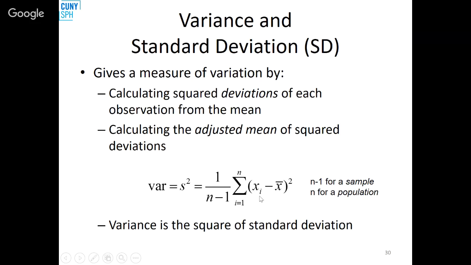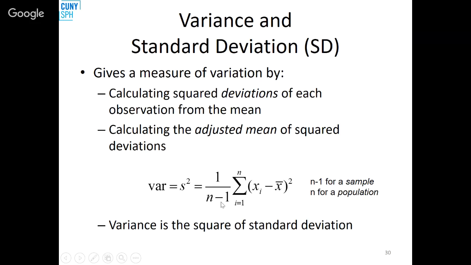So because we are underestimating this sum of squares, you divide by something a little bit smaller, and this turns out to be an unbiased estimate of the variance. Meaning that if we took larger and larger samples, or if we repeated our sampling over and over and recalculated the variance, that average would be exactly the same as the population variance.